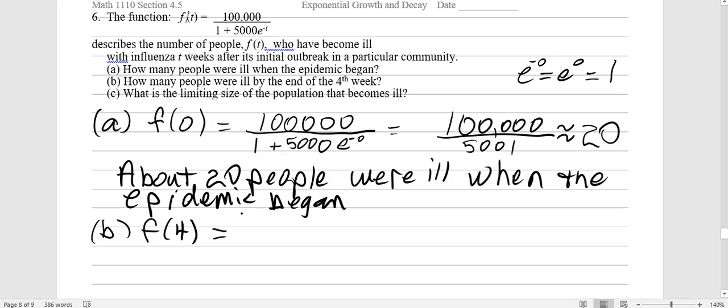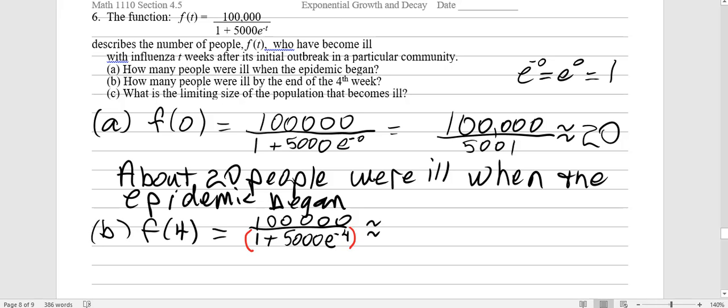So this is 100,000 divided by 1 plus 5,000 e to the negative 4. We're going to use our calculator. We have to make sure that we parenthesize this denominator when we do this calculation.